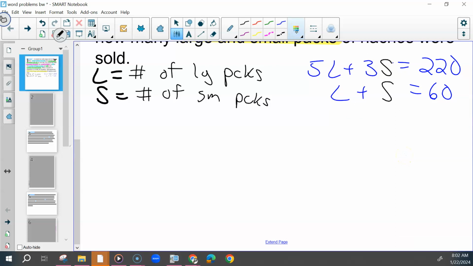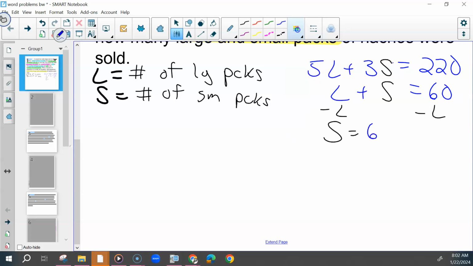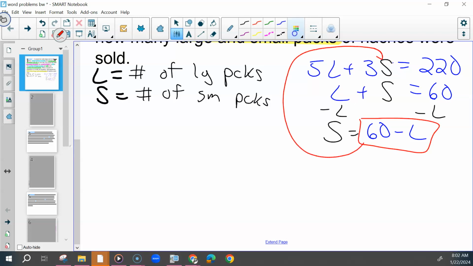So if we're solving for S, we have to get rid of L. You could put 60 minus L or negative L plus 60. It doesn't really matter with us. And if we're using substitution, we take that expression, put it back into the other equation where S is, and rewrite it.